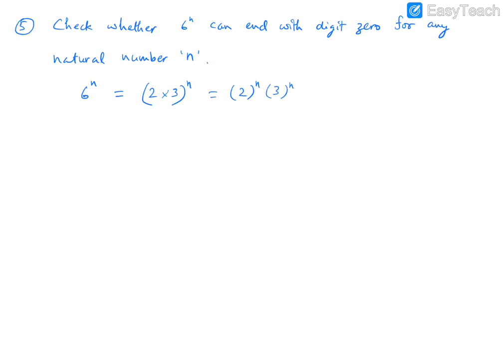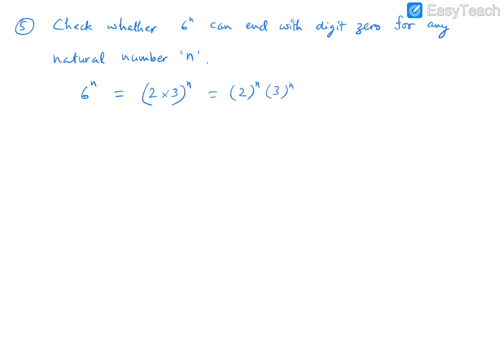So any 6 power n will result in its prime factorization in terms of 2 power n and 3 power n. The only prime factors involved in 6 power n are 2 and 3. So the answer is always going to be 2 power n into 3 power n. For example, if n equals 1, it will be 2 power 1 into 3 power 1. If n equals 2, it will be 2 power 2 into 3 power 2. So the only prime factors involved are 2 and 3.